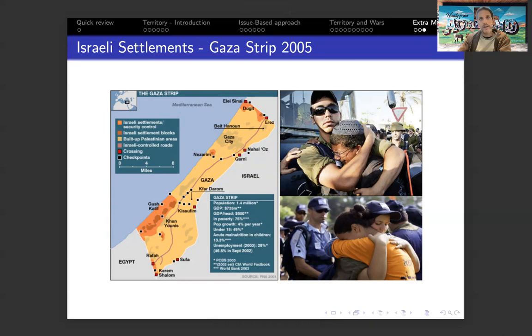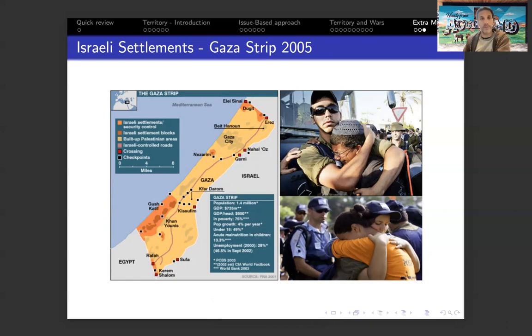The strip is a tiny area, 25 miles long and about 5 miles wide. The distance between the eastern edge of the strip and the Mediterranean Sea is about 5 to 7 miles. It housed about 2 million Palestinians a couple of years ago, which makes it one of the top 3 most densely populated areas in the world.